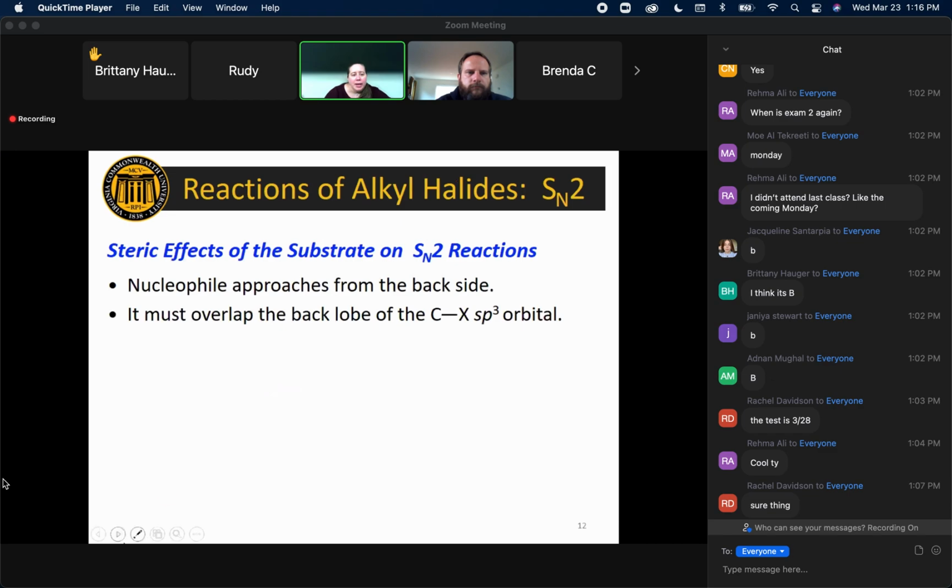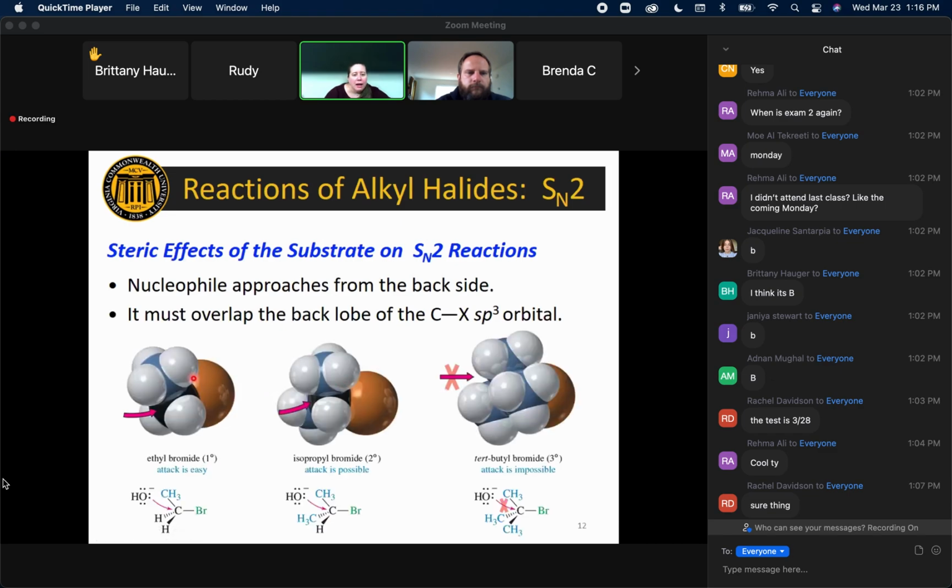So as you might imagine, the alkyl halide that's involved has a huge role to play in whether or not an SN2 reaction is likely to occur. So if you imagine mechanistically that the SN2 reaction depends on the nucleophile and the electrophile coming together, then the accessibility of the electrophilic carbon within your alkyl halide will have a big impact on how well this reaction goes.